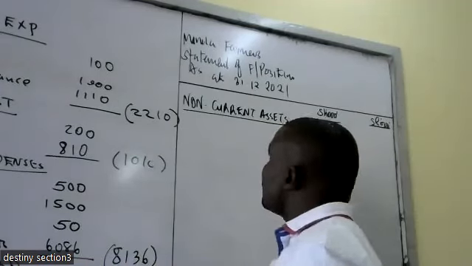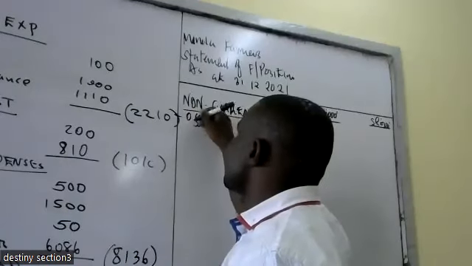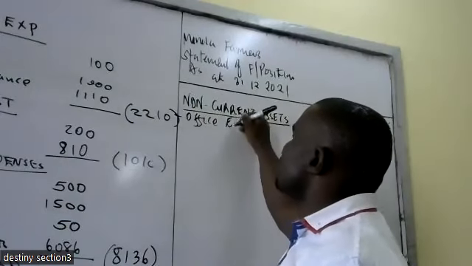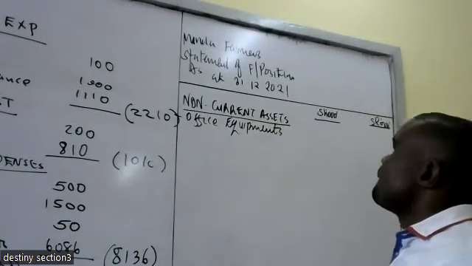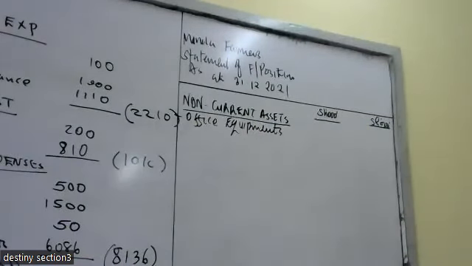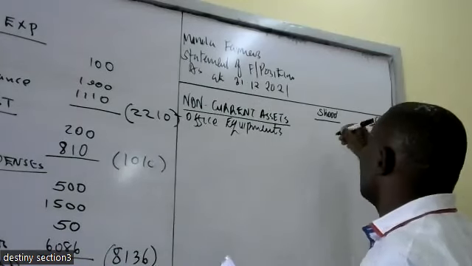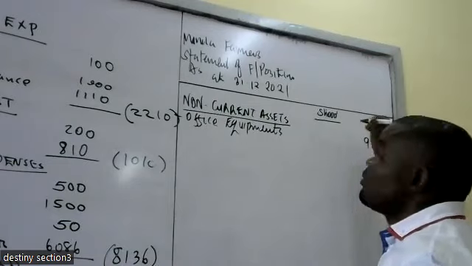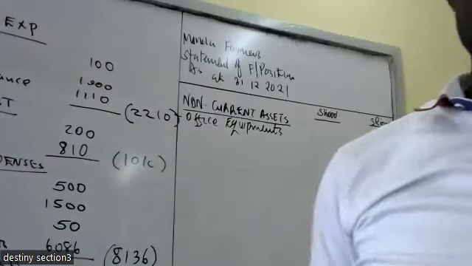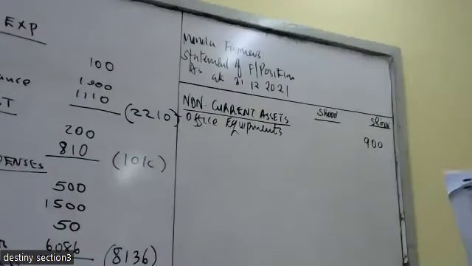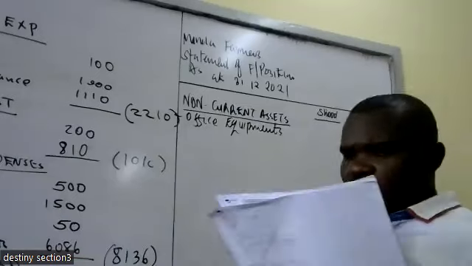Office equipment. That is 900. You can place even the first or the second. There is no restriction to that. Then going up, we have investment in Wakulima Bank.